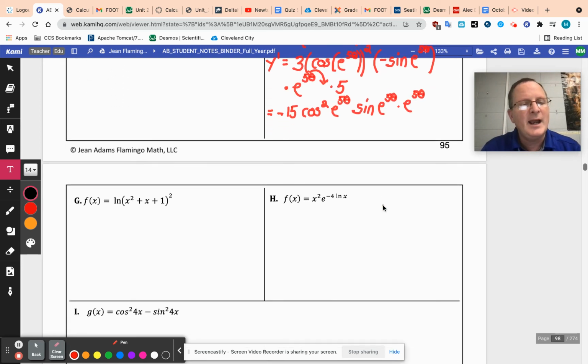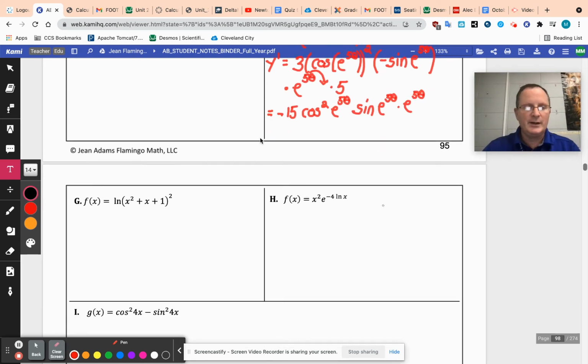All right, so looking at G. I'm thinking on G, probably a good idea would be to go ahead and rewrite this. Remember, if I had the natural log of x squared, I could rewrite that as 2 times the natural log of x.